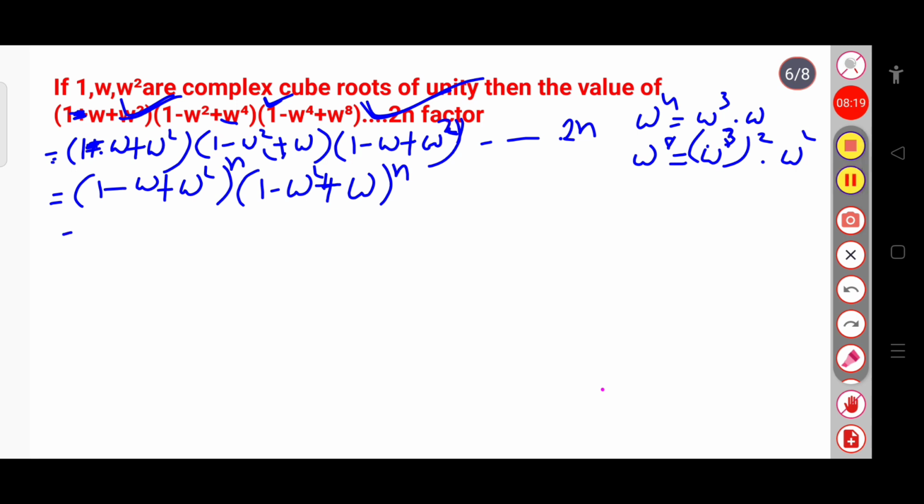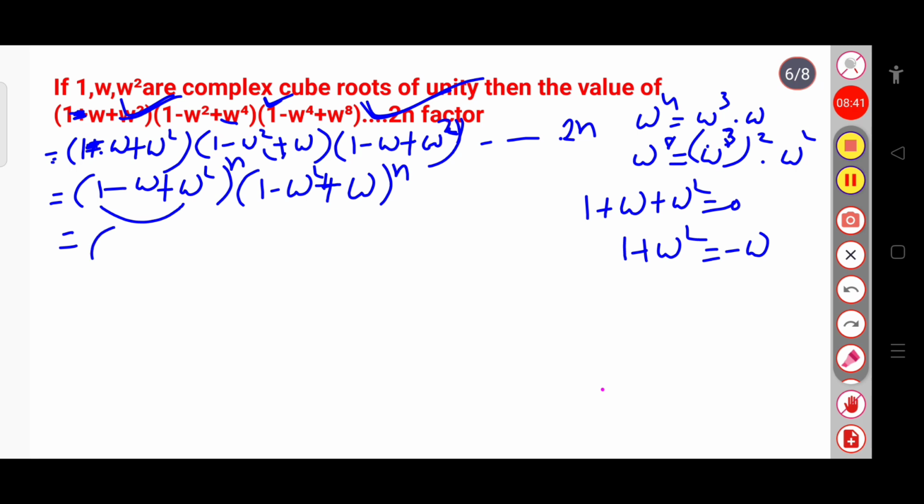Again, in place of 1 minus omega plus omega square, you can see that 1 plus omega plus omega square equals 0. So here, in place of 1 plus omega square, this is nothing but minus omega.